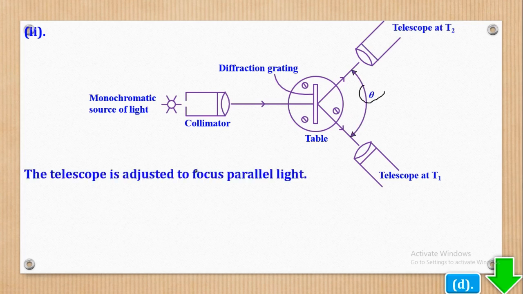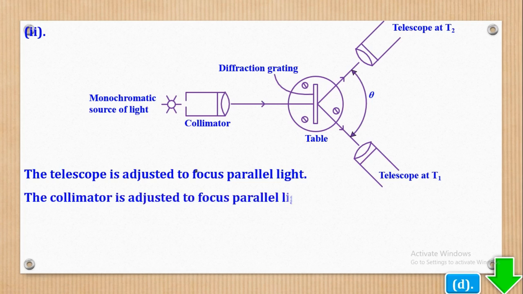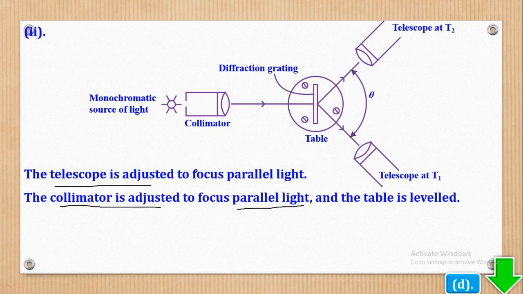So you start your description and say that the telescope is adjusted to focus parallel light. Remember, we first make initial adjustments before we go to the real experiment. So this was the adjustment of the telescope. What about the collimator? The collimator is adjusted to focus parallel light and the table is leveled.